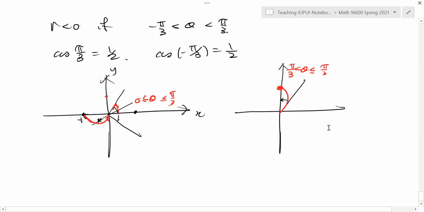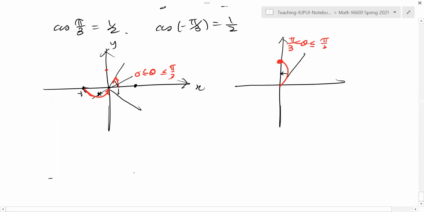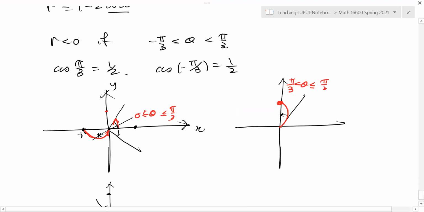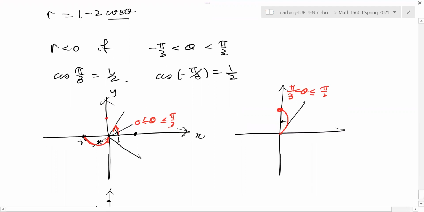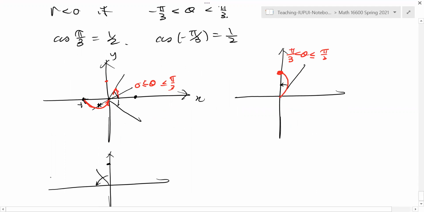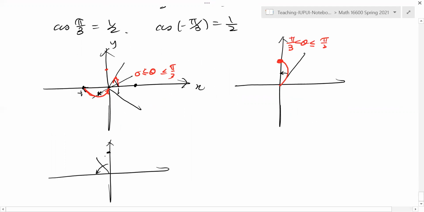Then, when the angle goes from pi over 2 to pi, you will see that r is increasing because cosine theta is negative until cosine theta equals -1. So you get 3. You get a picture like that. This part is 3, when theta equals pi.